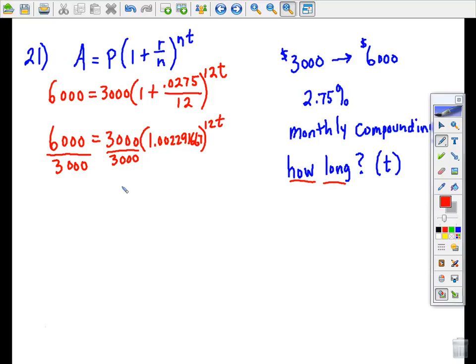And now I've got this isolated. Okay, now think log equation. I've got to find the variable that's part of an exponent, and so to do that I need to change this into a log equation. Well, the base is this long number.